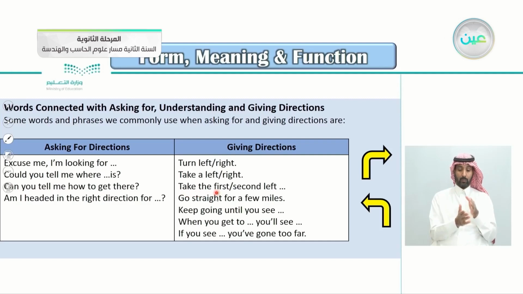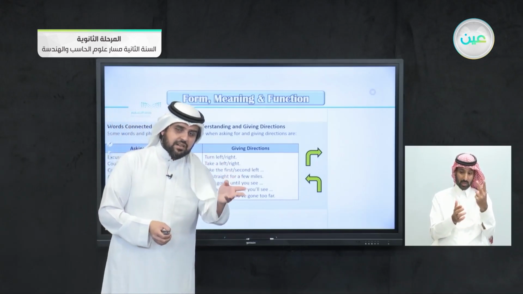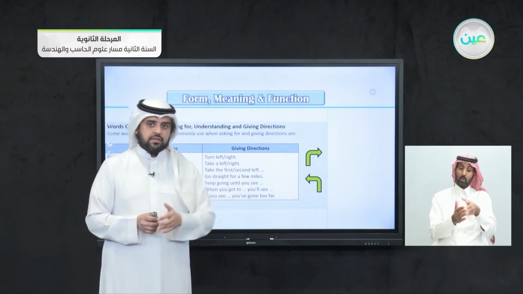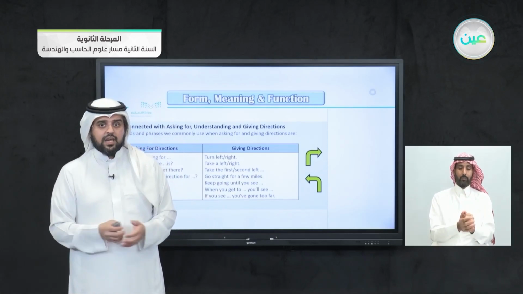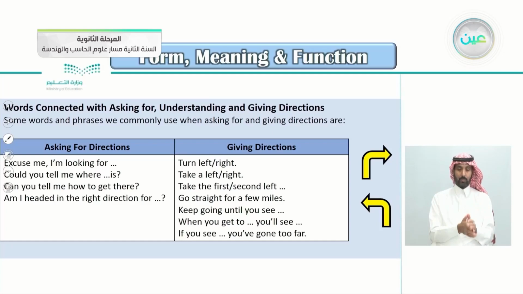Take the first or second left. So you can say go straight, then take the second left or the third left, and so on. The second right, not the first one, the second one.